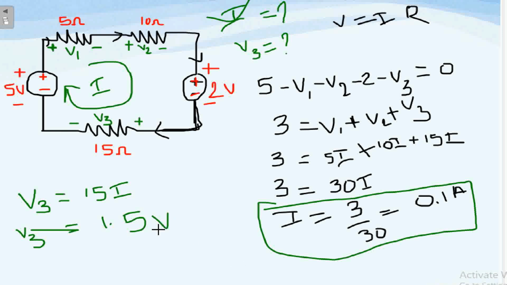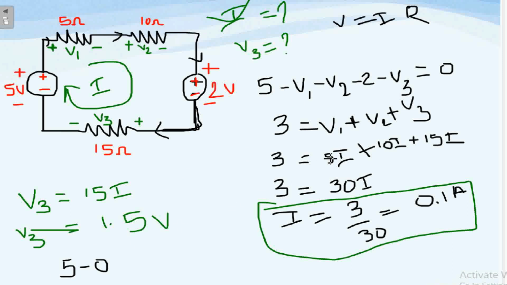Now let us verify KVL. So how to verify KVL? The sum of the voltages within the loop must be equal to 0. Here we got 5 volts. So this is your 5. And what is V1? V1 is nothing but 5 into I, 5 into 0.1. That is minus 0.5.